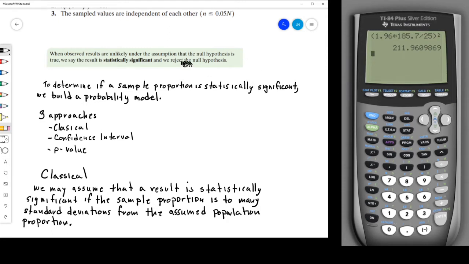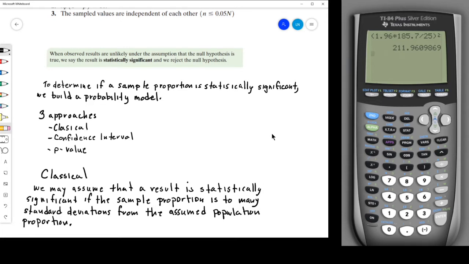Remember, our default assumption is always that the null hypothesis is true. By saying the result is statistically significant, or that it is unlikely under this assumption, we're saying we have evidence to say that things might be different.